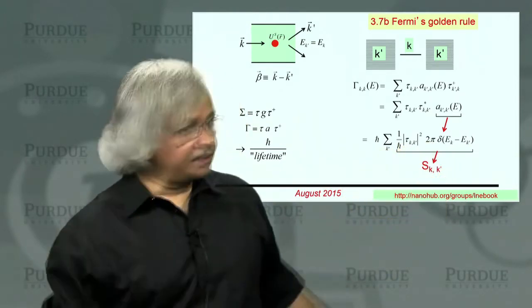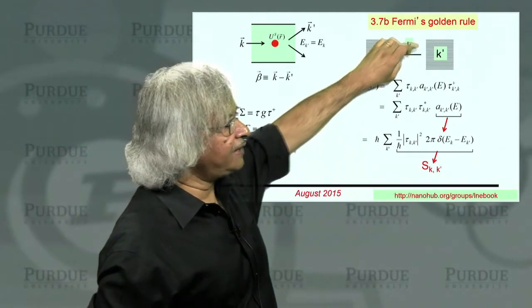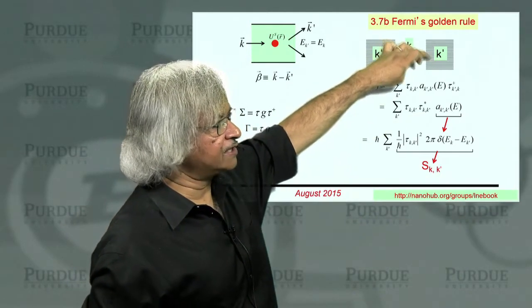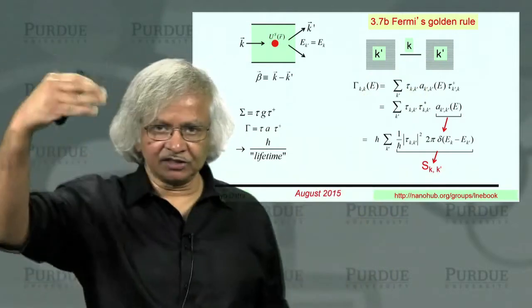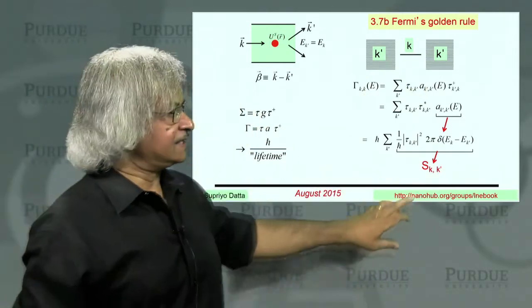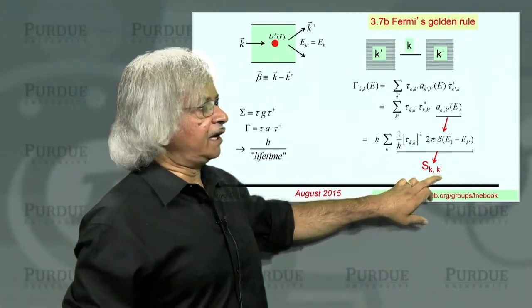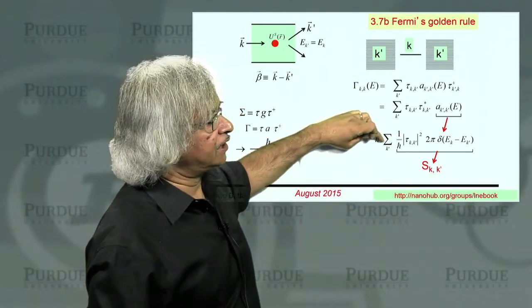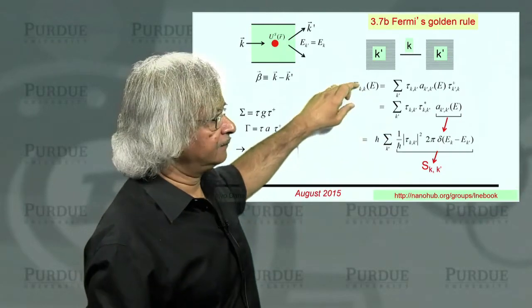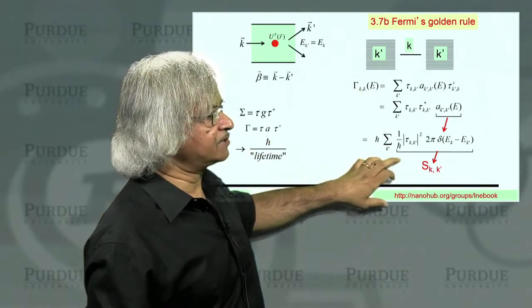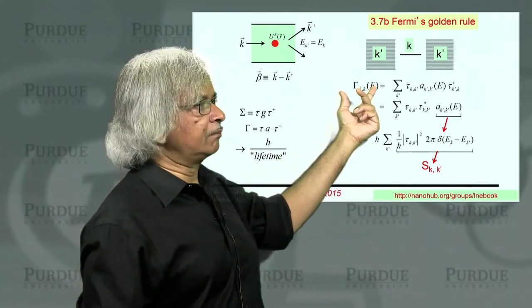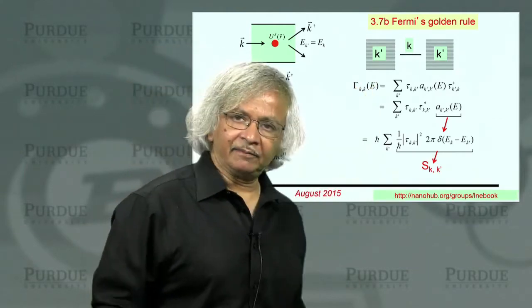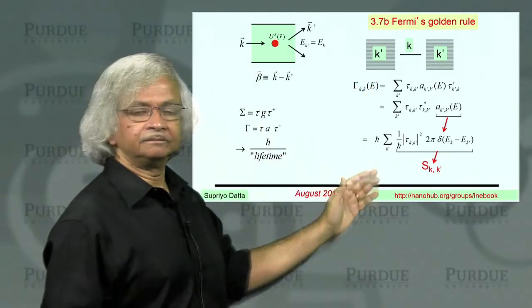You have an electron in state k, and the rate at which it scatters out into various k prime states, which are all these contact states, is S k comma k prime. If you add up all those rates, that tells you the total rate at which electrons scatter out of k. And so h bar times that scattering rate is the broadening of the level k, gamma. That's how you'd interpret it.